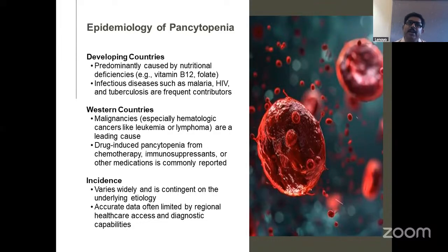Viral infections can also cause it, but of a different type of pancytopenia. Amongst the Western countries, the commonest cause of pancytopenia is malignancy, especially hematological cancers like lymphomas and leukemias. Drug-induced pancytopenia from chemotherapeutic agents, immunosuppressants, or other medications, which we'll be discussing in a few slides, is one of the key causes of pancytopenia in the Western countries.